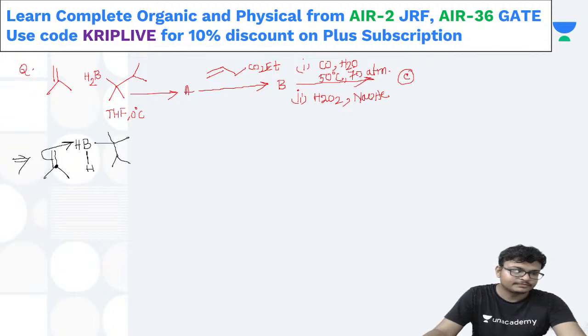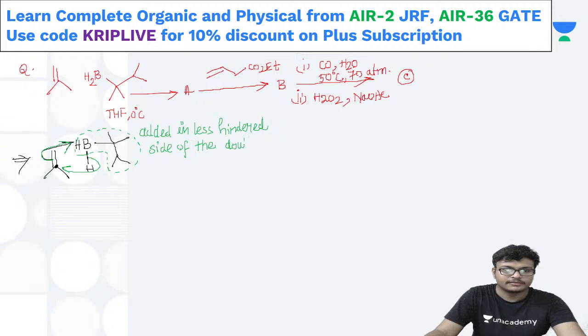After this step, what will happen? Ultimately, this boron part. So finally, you will be getting the bond formation.